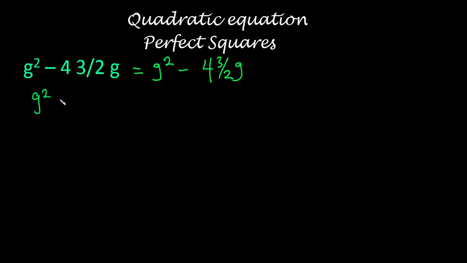We have g squared minus 2 times 4 is 8 plus 3 is 11 over 2g. Now, what do you do to this to make the perfect square? You multiply this by half.